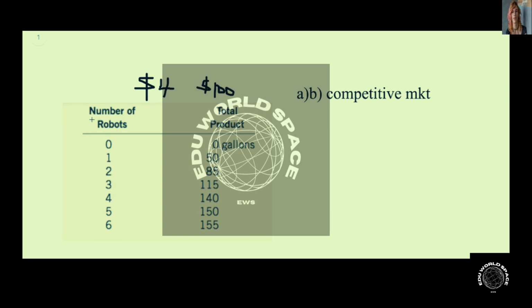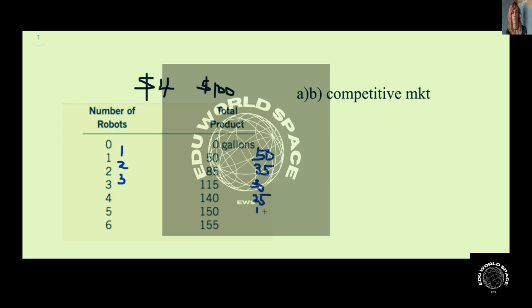The marginal product of labor, of robot, is what you get if you hire one extra unit of robot. The first unit of robot will produce 50 gallons of milk for you, and the second robot produces 85 minus 50, which is 35 gallons of milk, and then the third robot produces 30, and then the fourth 25, since 40 minus 15 is 25, right?